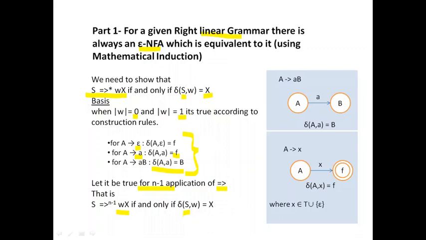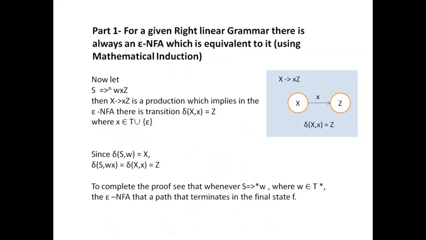So from the initial state, on reading W, we reach the state capital X. So that is our assumption. Now based on this assumption, we need to show that it is true for application of n derivation steps.